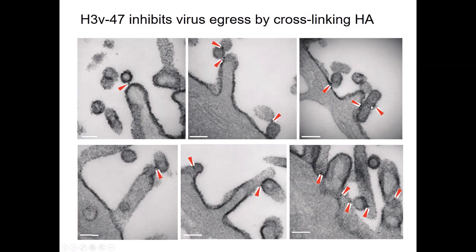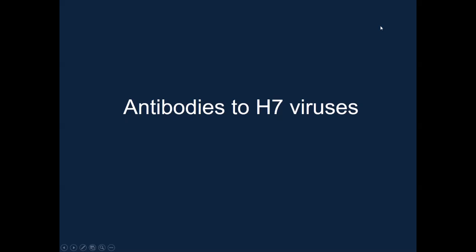And the antibody, we always see it in the junction between the cell surface and the particles. So we believe that this antibody is actually not blocking attachment, it's blocking egress of the virus from infected cells, and it's probably cross-linking HAs on the cell surface and on the particle, a sort of tethering mechanism, which is a new mechanism of neutralization of flu.